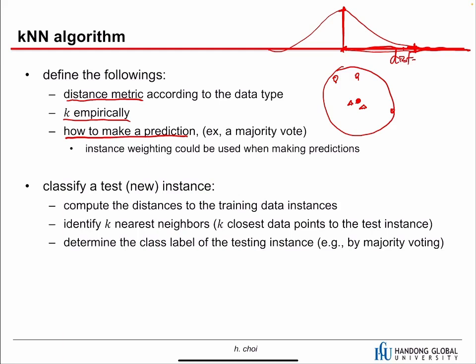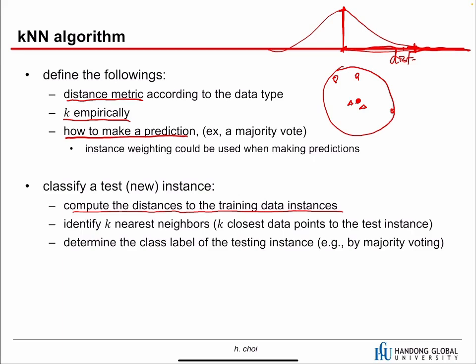With a new test instance, we have to compute the distances to all the training data samples. This is computationally expensive. Think about it: when we have 1 million training data samples and a new sample here, to classify this new sample we have to calculate the distance between it and 1 million training samples.